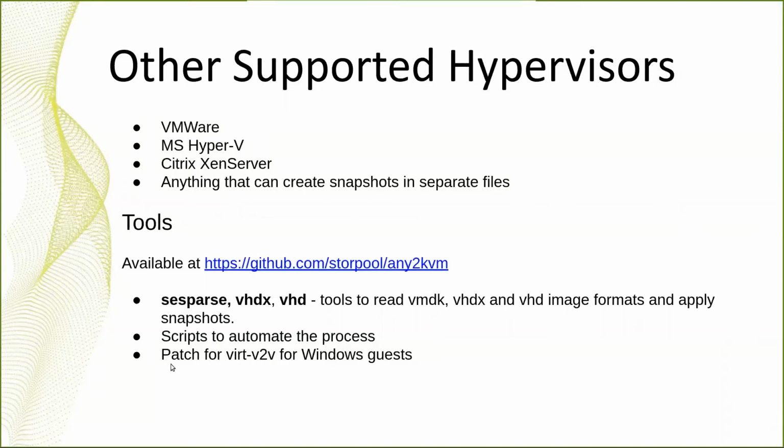And actually, VHD is used by Hyper-V also for some older versions. You can find in this repo also some scripts that automate this process. But in any case, you need to customize these scripts for your specific environment, like addresses, names, the exact order of the tasks, and so on.